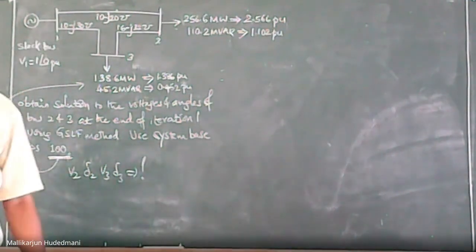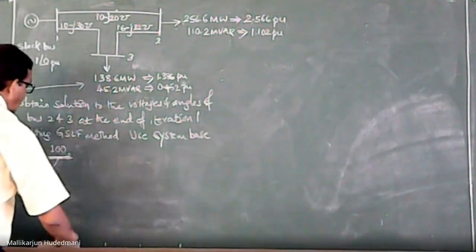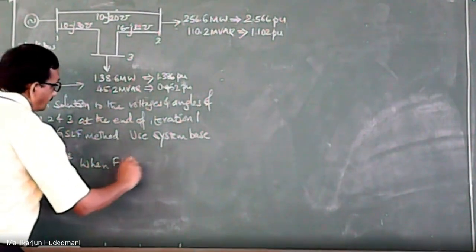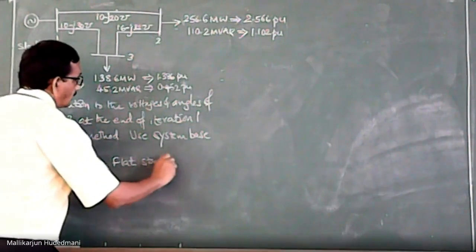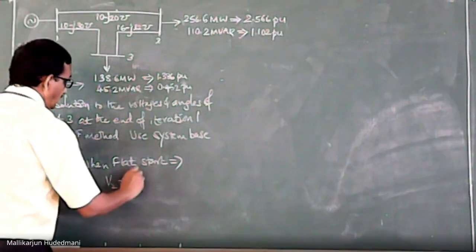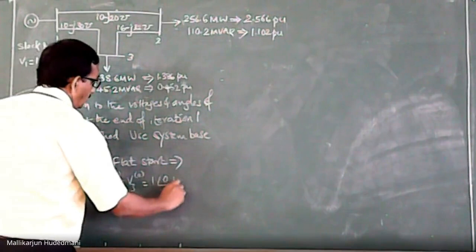To do this, I require an initial estimate. For the initial estimate, if anything is mentioned in the problem, I should adhere to it. If it is not mentioned, I should use a flat start. When a flat start is used, V2 equal to V3, I write here in the bracket, equals 1 angle 0 pu.